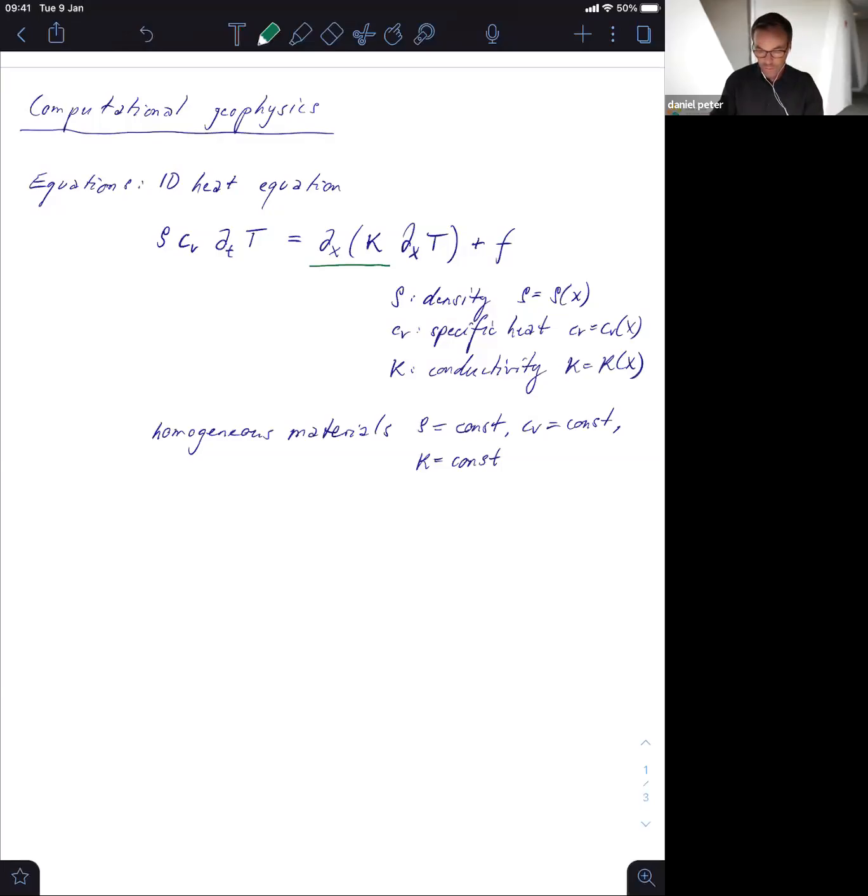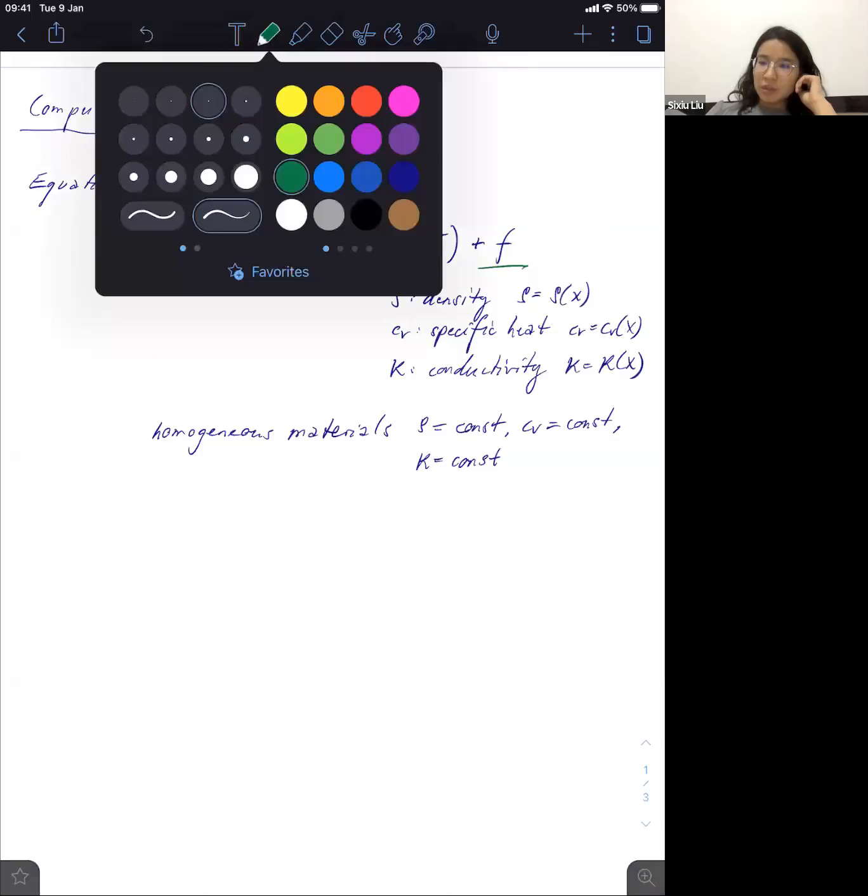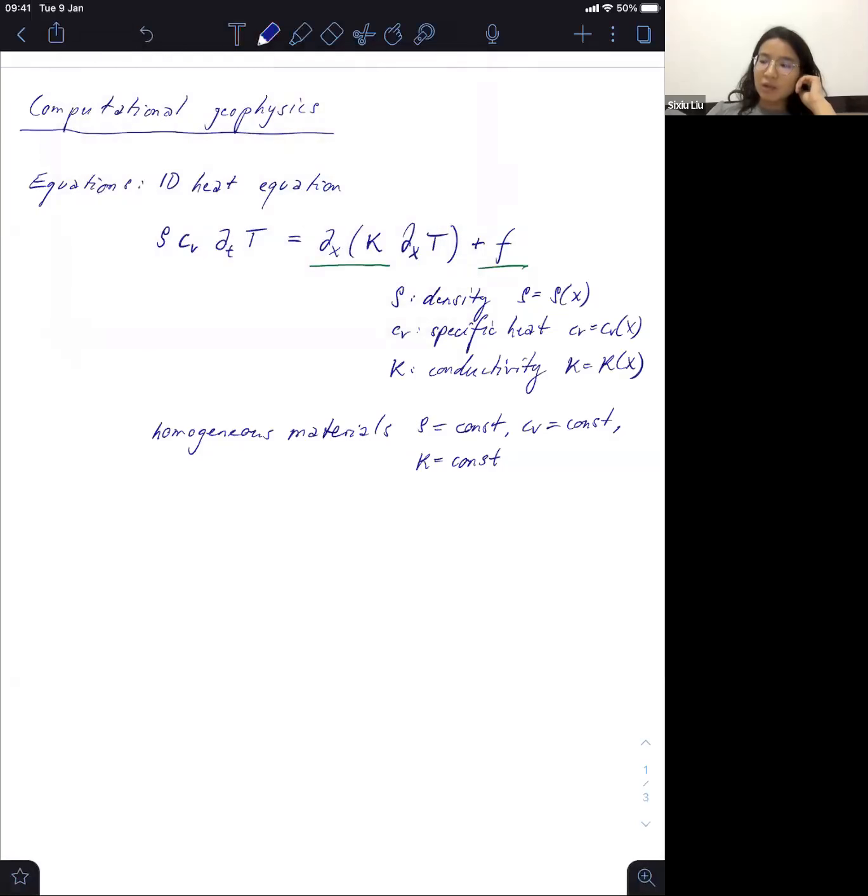So if we write it with F, with this source term, then it would be called an inhomogeneous equation. It means if there is no heat source, that means F equals 0. But if F has a value, then there is a heat source, right?